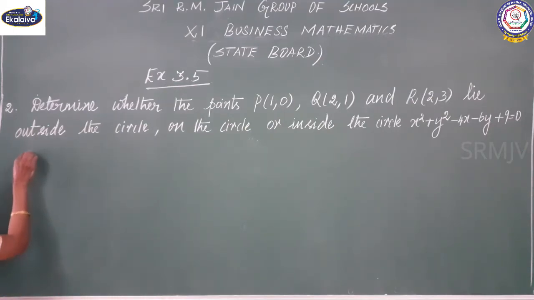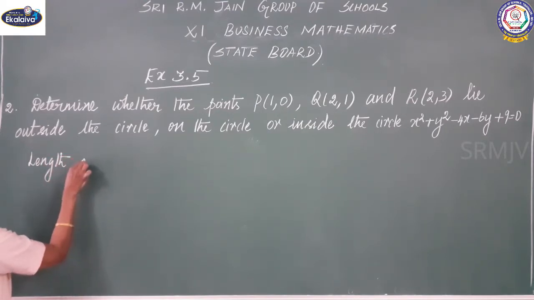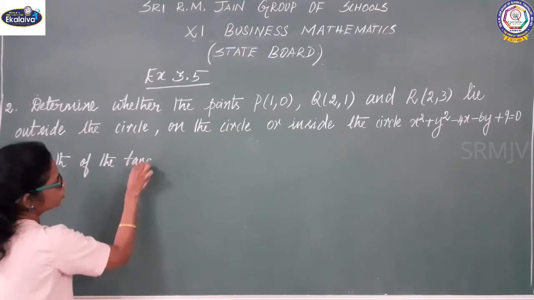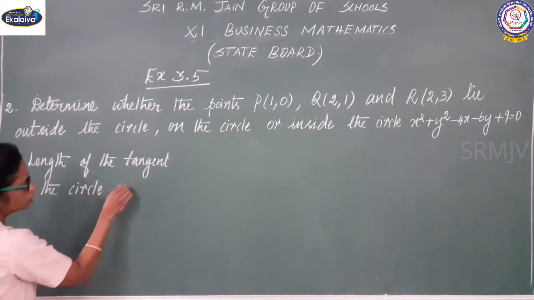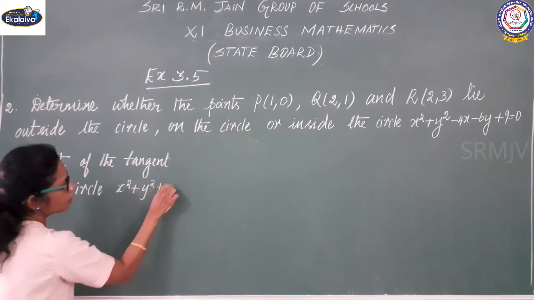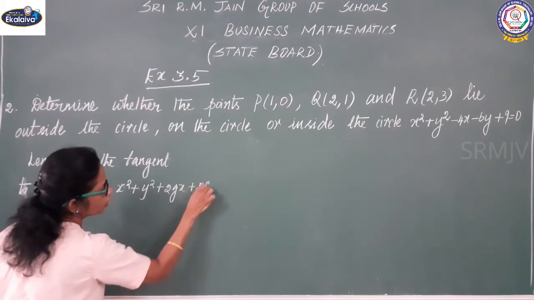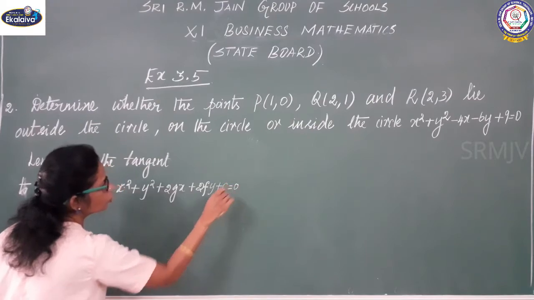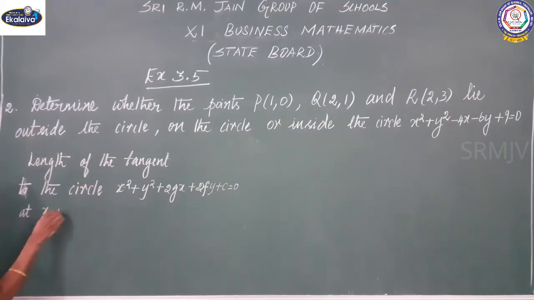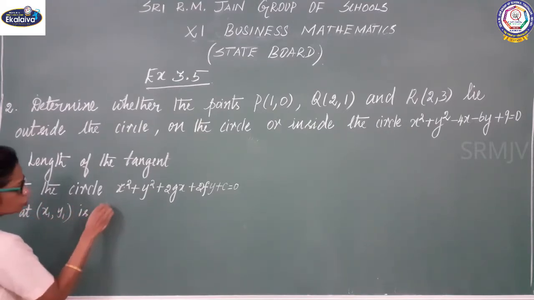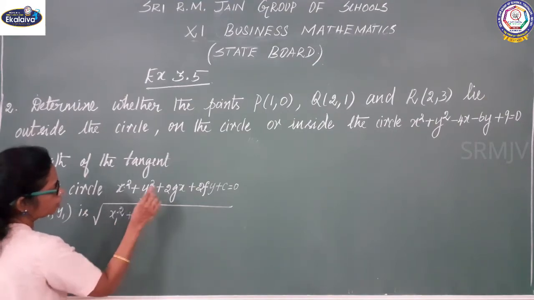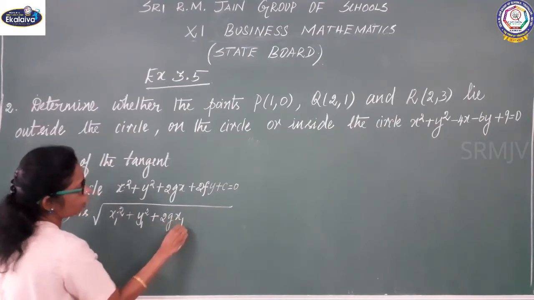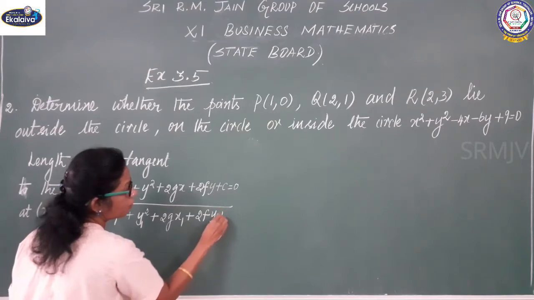First I will tell you what is the length of the tangent. The length of the tangent to the circle x square plus y square plus 2gx plus 2fy plus c is equal to 0 at (x1, y1) is the square root of x1 square plus y1 square plus 2gx1 plus 2fy1 plus c.